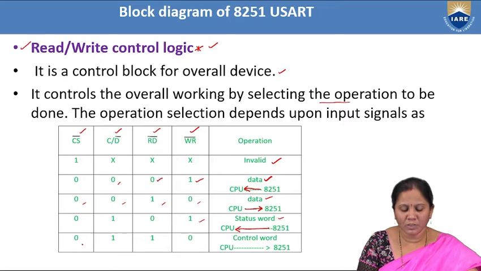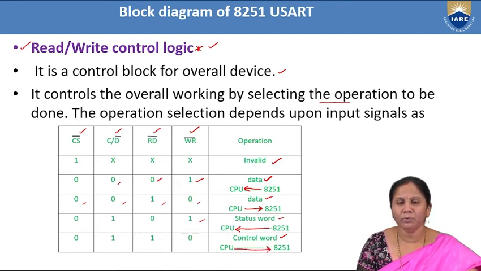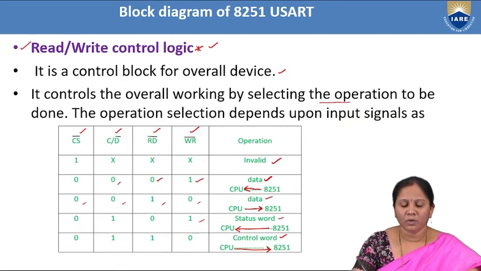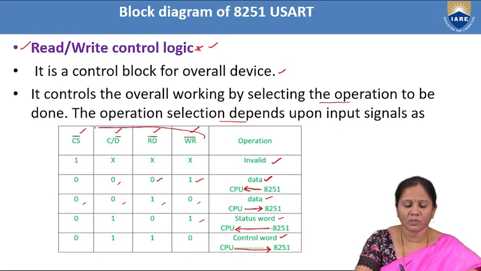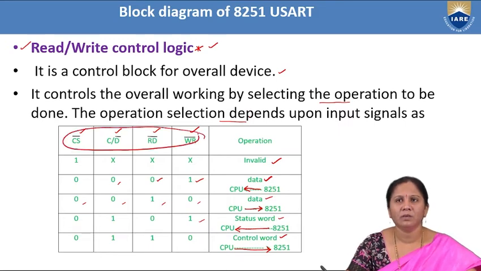And if the combination is 0110, the control word will be transmitted from the CPU to 8251. In this way, the operation selection will be done. The operation selection mainly depends upon the control signals which are connected to that particular block.